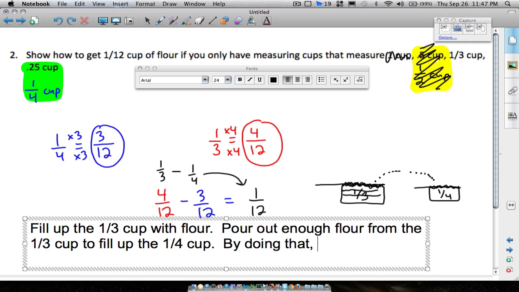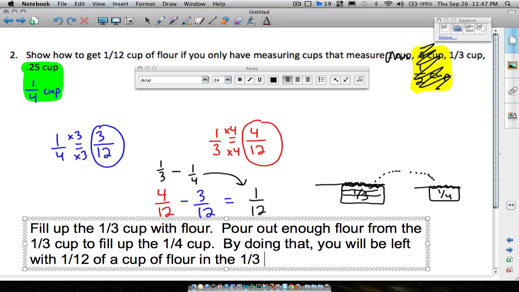By doing that, you will be left with 1/12 of a cup of flour in the 1/3 cup. I know it can sound kind of crazy, but that's what you're doing. You're filling this up with flour. That's the 1/3.